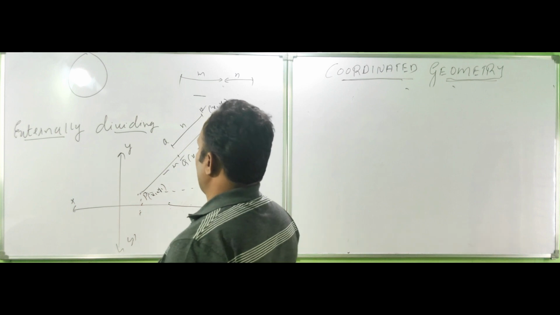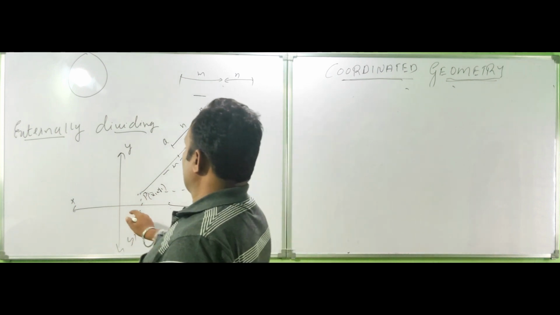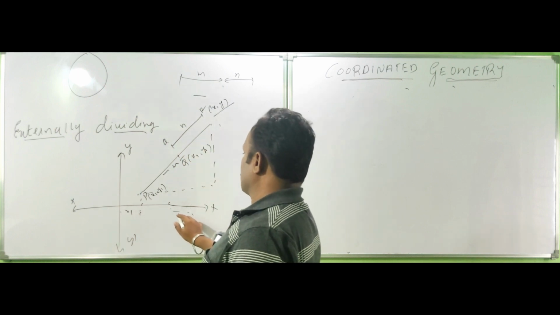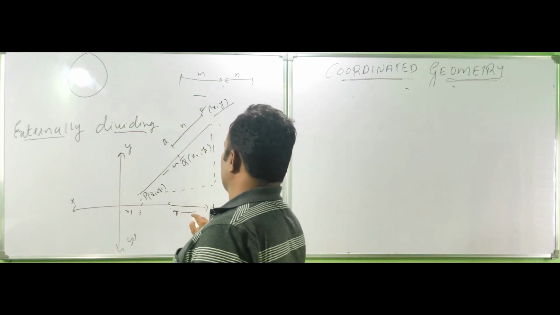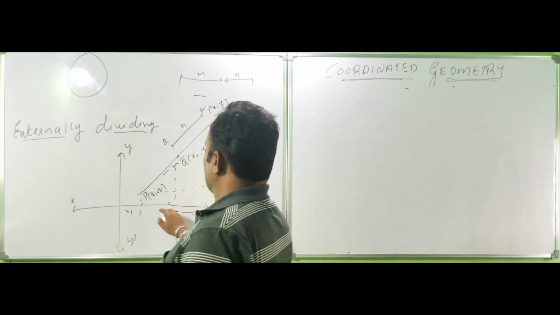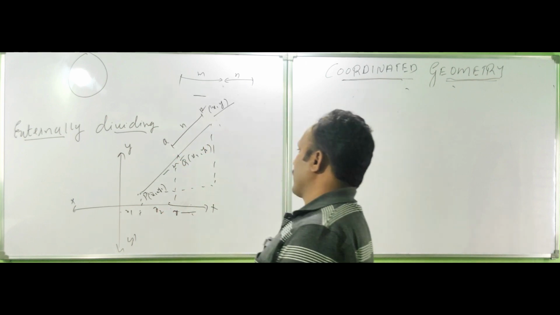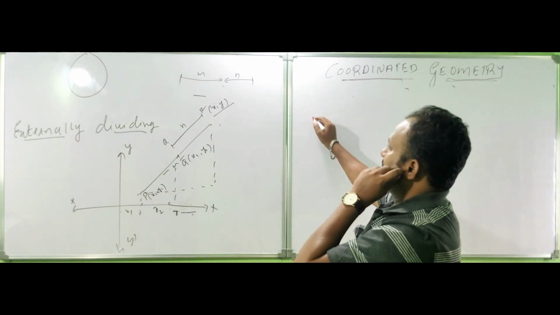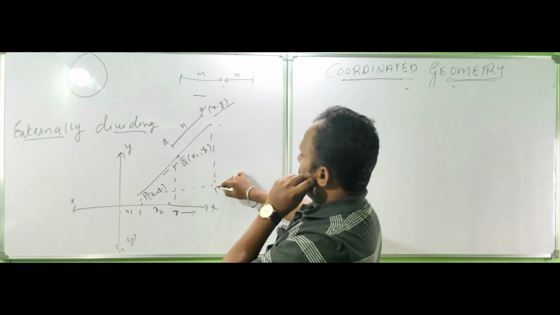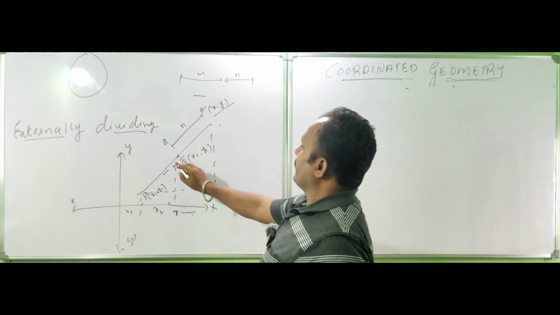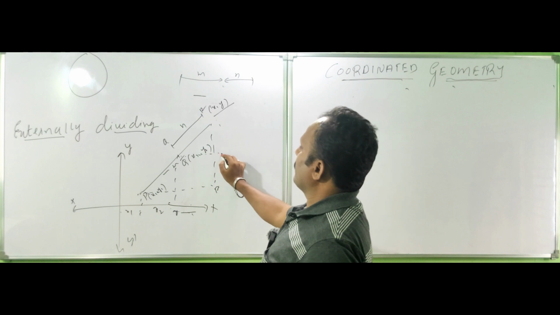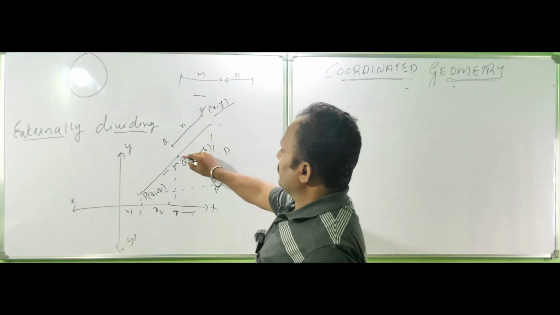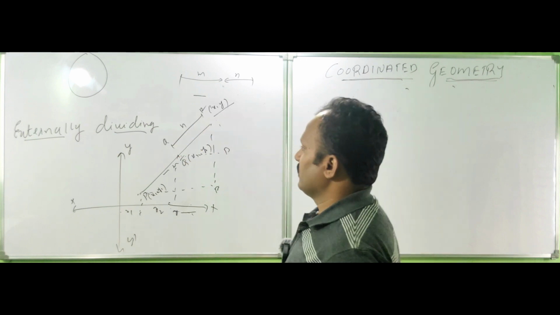This becomes x1, this becomes x, and this becomes x2. Same similar formula. Here this is called A and this is called B. This is a parallel line. Now I am taking this one.